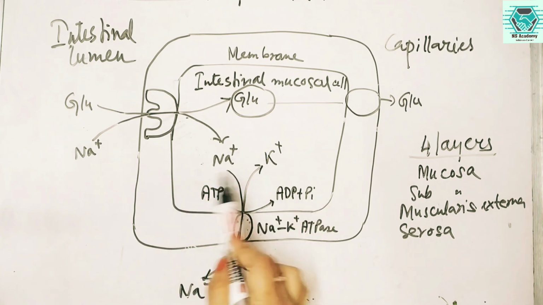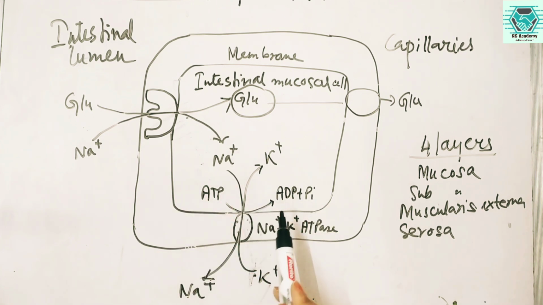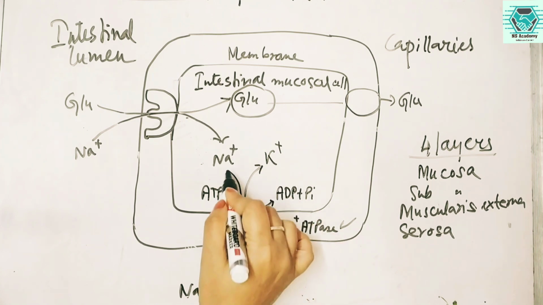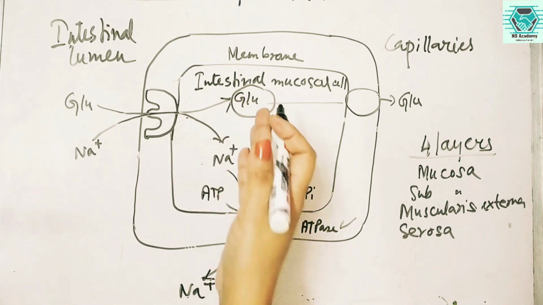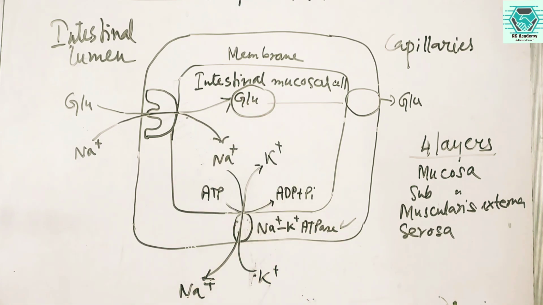The enzyme Na+ K+ ATPase is involved in the transport of Na+ in exchange of K+ against the concentration gradient. So the Na+ actually then moves out from the mucosal cell again to the intestinal lumen.